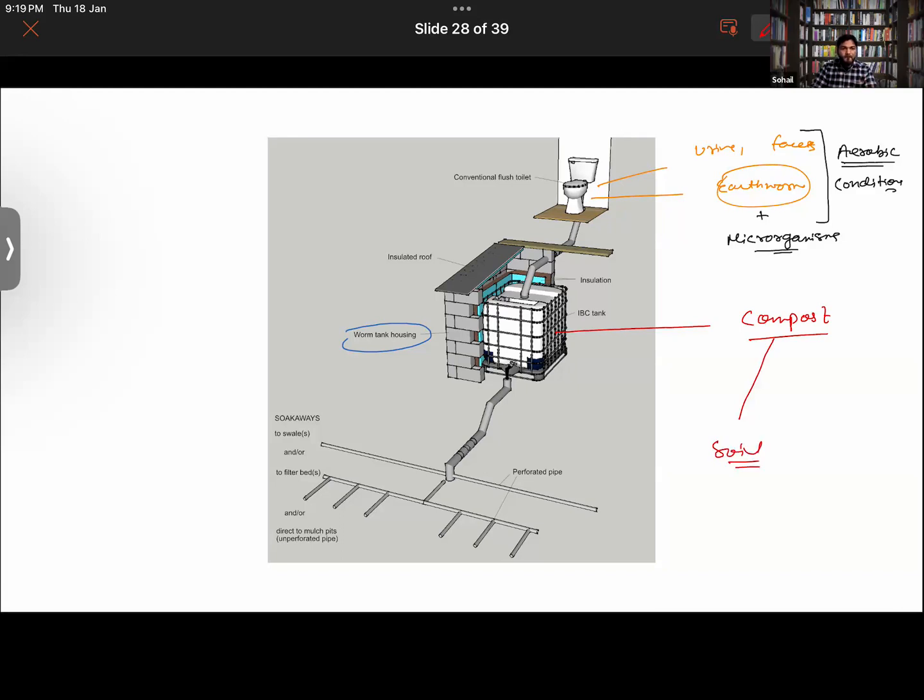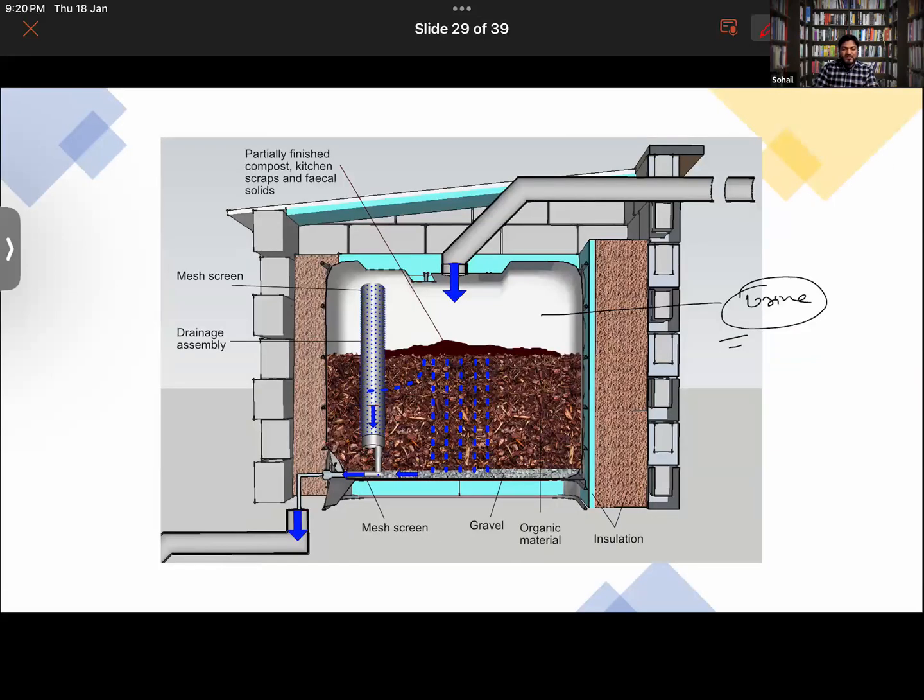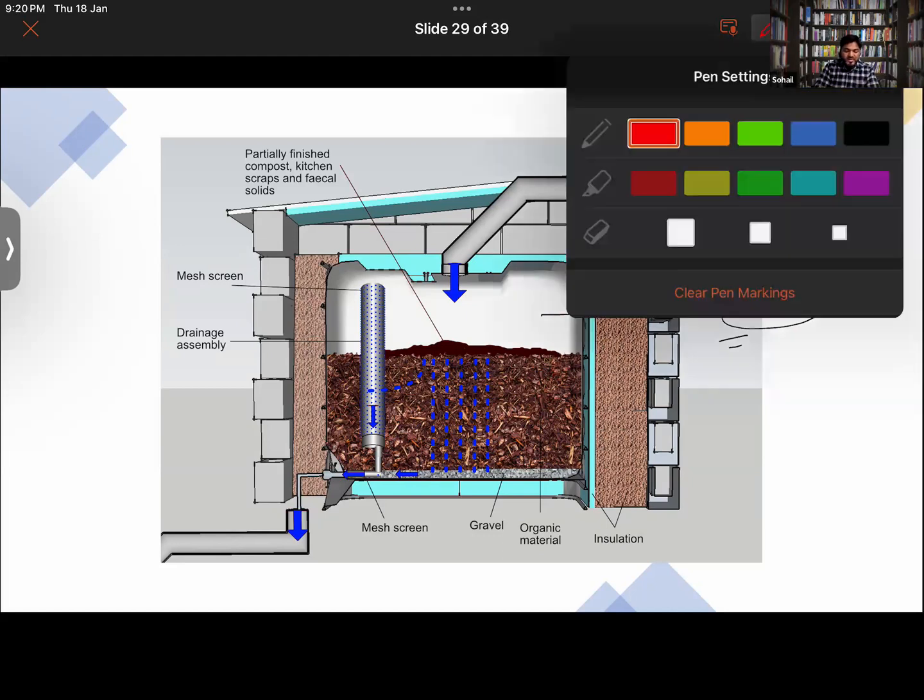In fact, in most of the dry toilets you will see there is no use of water for flushing. And there could be different designs of the composting toilet, just as I told you, like kitchen waste also being added in it. Some other waste can also be added in it.